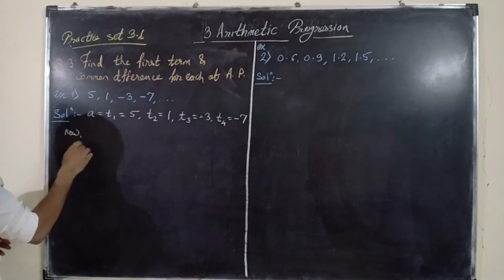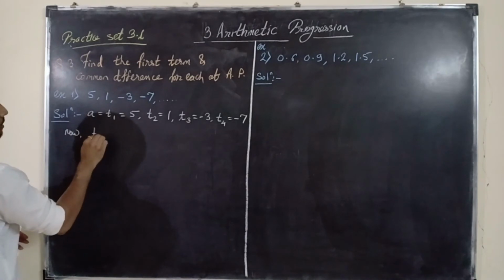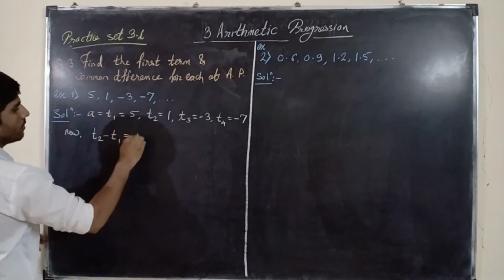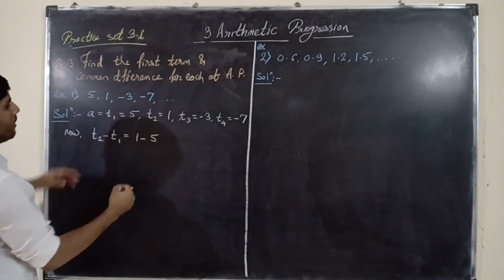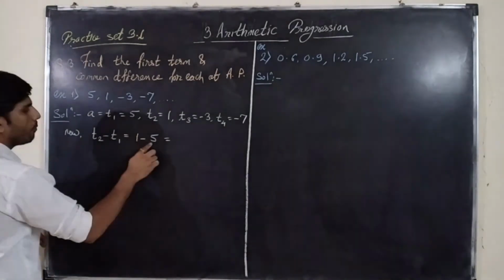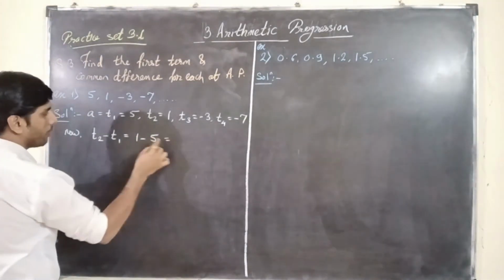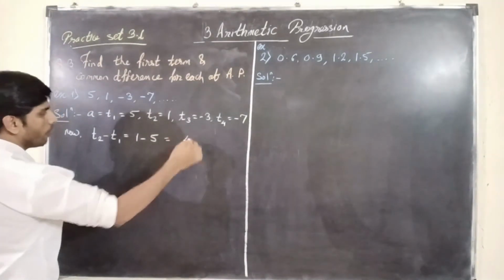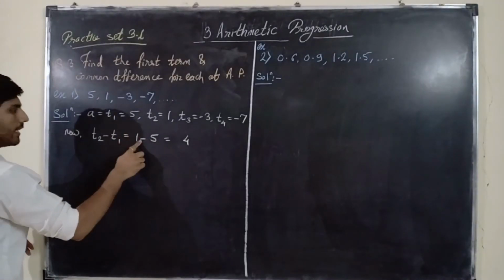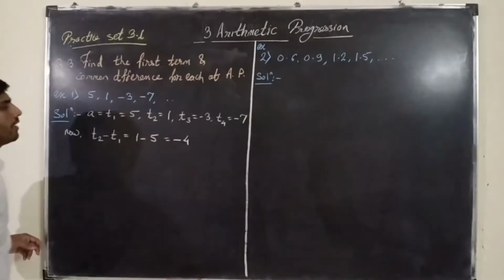So to find common difference, we will find T2 minus T1, that is 1 minus 5. Their signs are opposite, so subtraction will take place. Difference between 1 and 5 is 4, and greater number sign, 5 is greater number which carries negative sign, so answer will also carry negative sign.